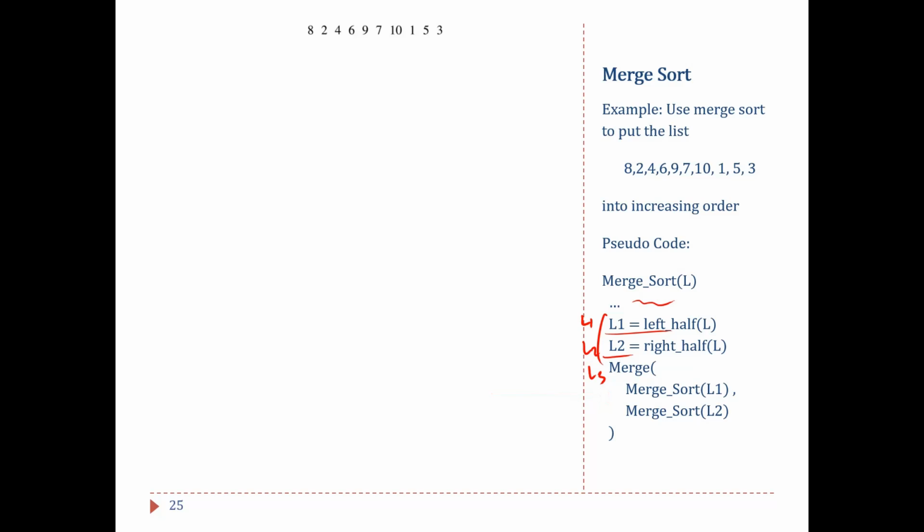So line number 1 and 2 would create these two sublists. From this original list, executing line number 1 and line number 2 would give you the following sublists. And then we would call merge at line number 3.